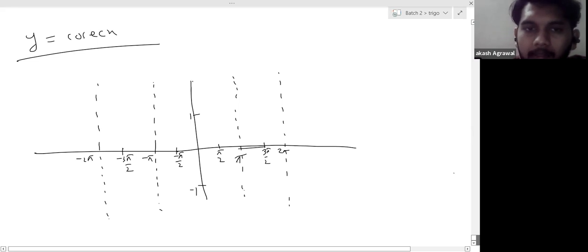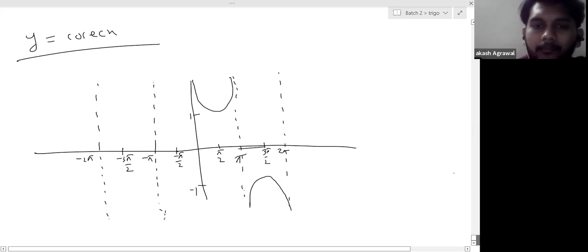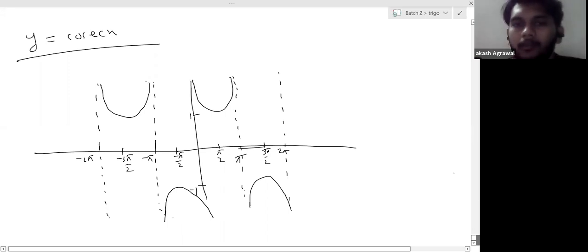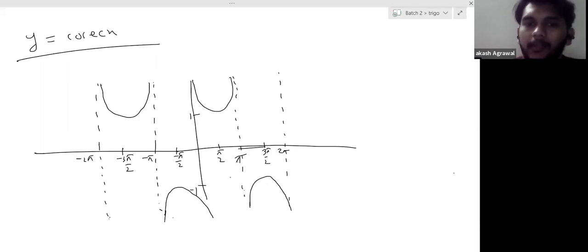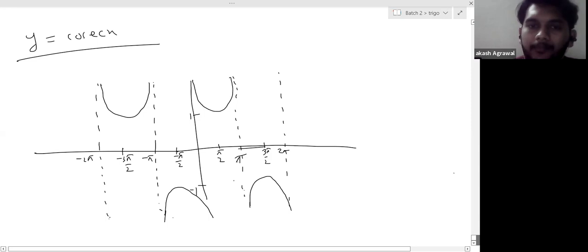Its graph is like this. Why like this? Because sin x cannot be more than 1. All right, it is either more than 1 or less than -1.